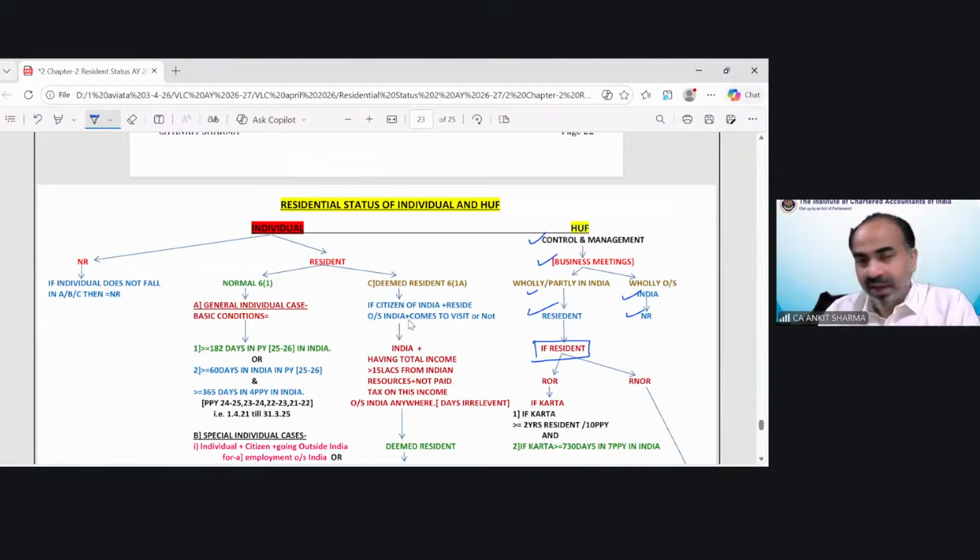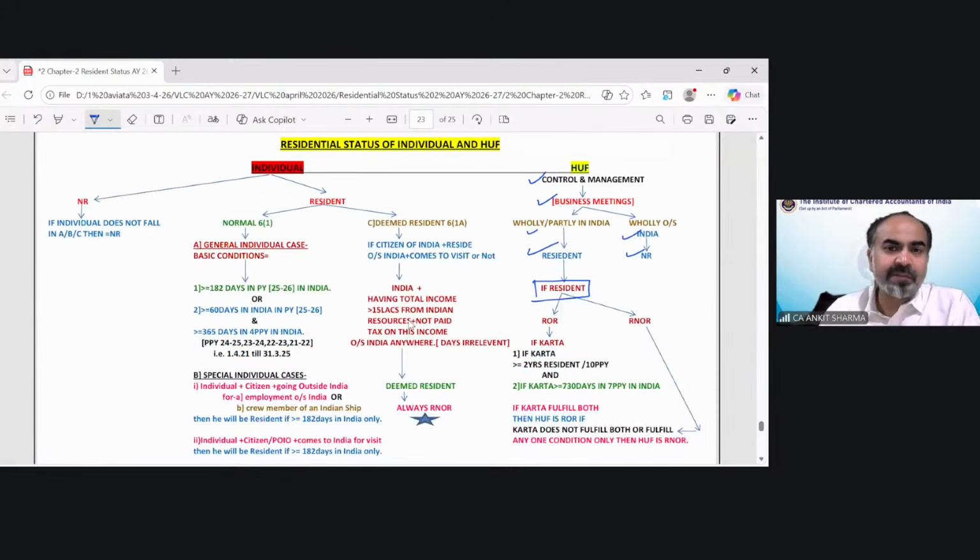Before that, I would like to make you understand the individual provision; you need to revise from this chart. If you revise the provisions of residential status from this chart, that would really make these provisions very easy and clear for you. So either you would be a resident, normal, or deemed resident. You can see if a citizen of India resides outside India, comes to visit or not.